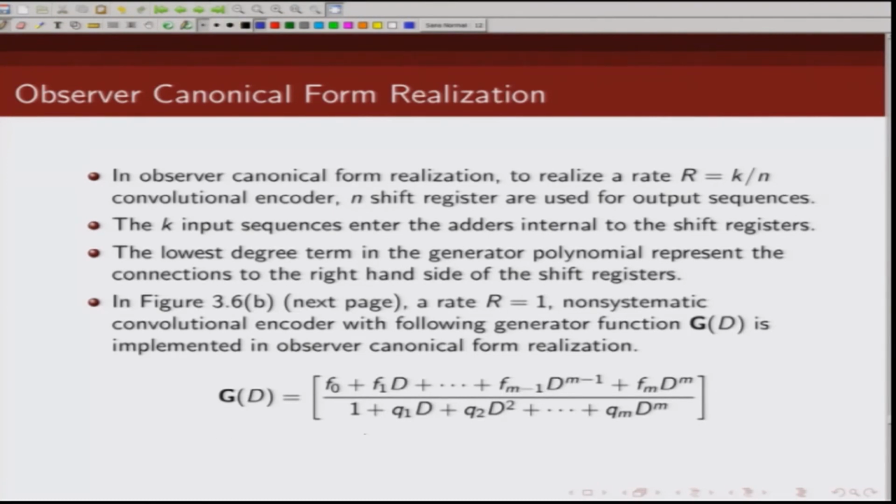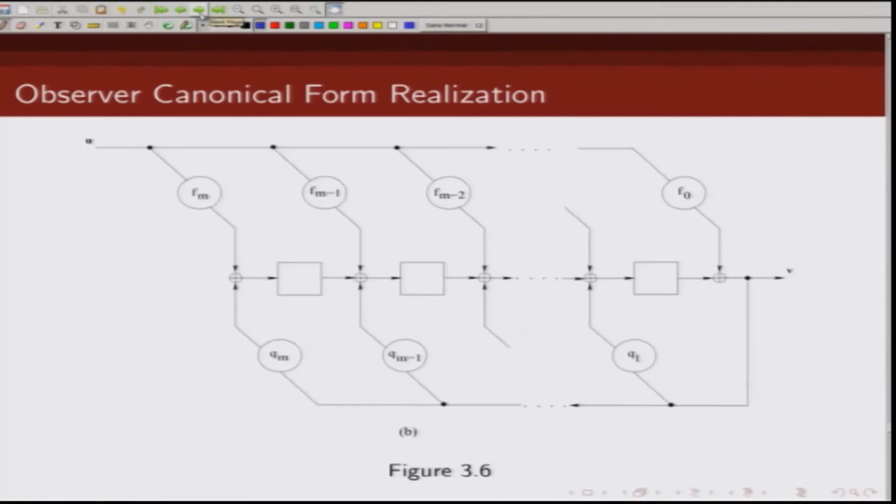So, let us take the same example that we considered earlier. We are considering the same generator matrix and we are going to realize this generator matrix now using observer canonical form realization. Again here k is 1, n is 1. So, we have one set of shift registers.